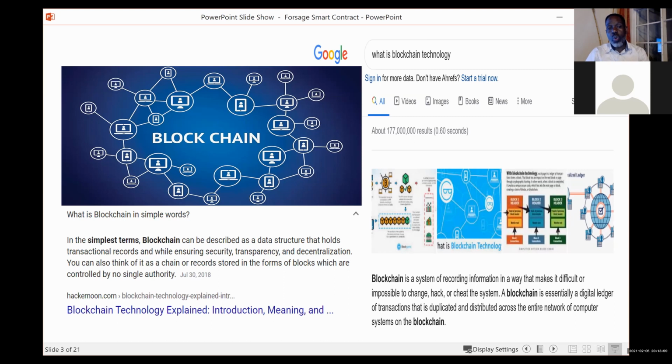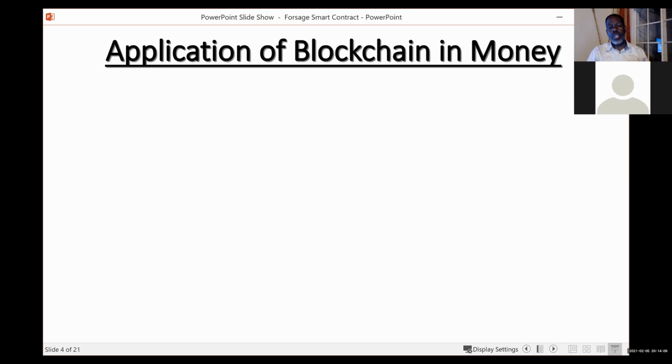So it ensures what we call security, transparency, and decentralization. Now, those are the most important factors that I want to mention. We managed to have a technology that is quite secure, quite transparent and decentralized, that anyone can see and anyone can trust what is on the blockchain technology.